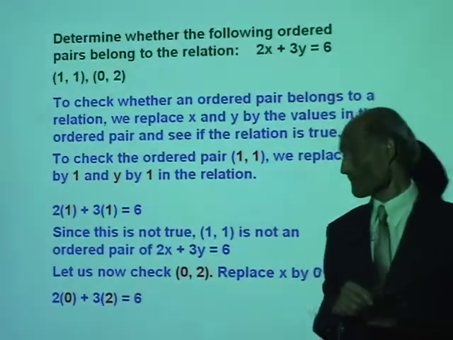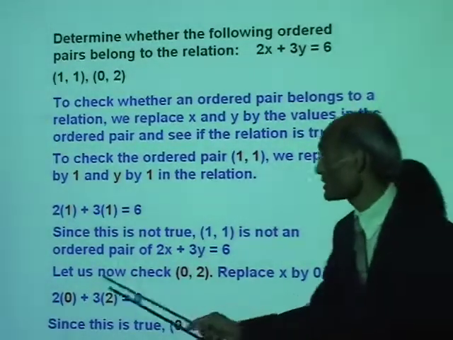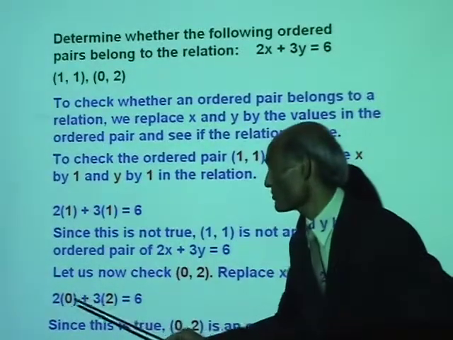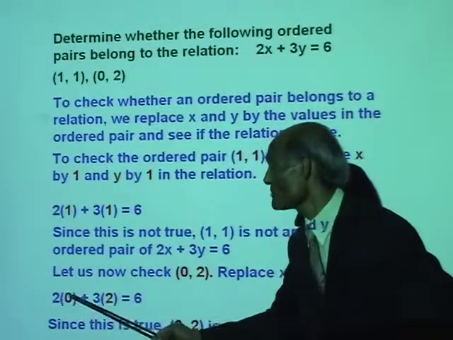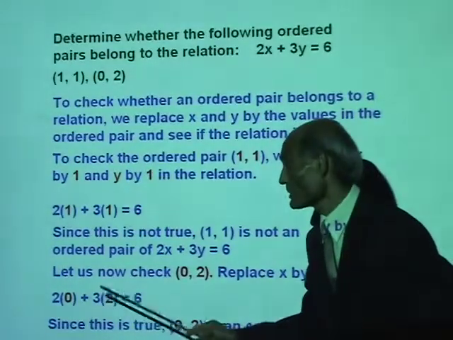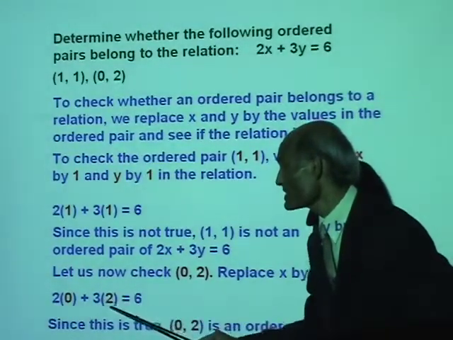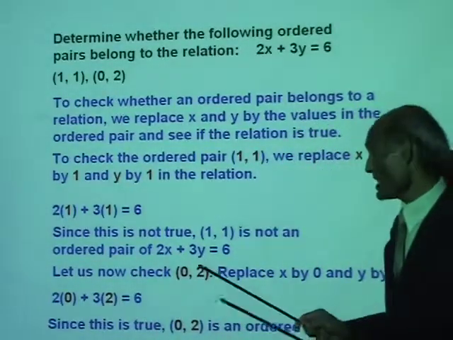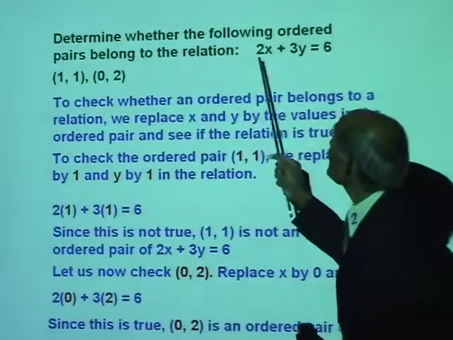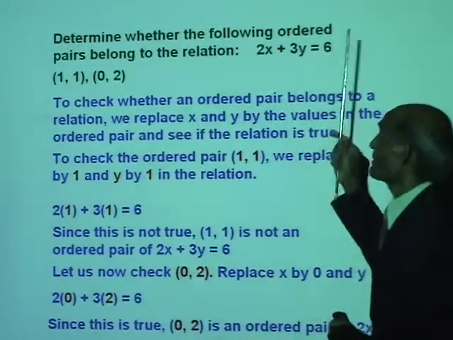What do you think? Well, I think it's a true relation because 2 times 0 is 0, plus 3 times 2 is 6. 0 plus 6 is 6.